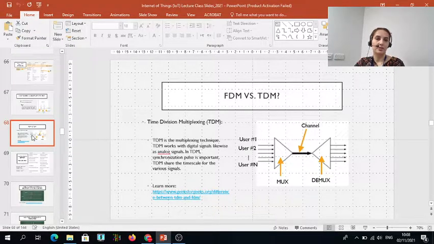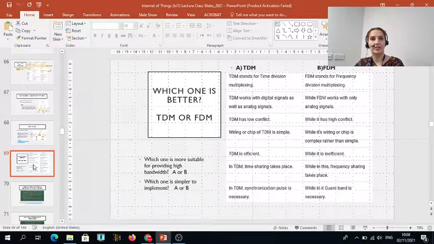Those are the things that we should be careful about when we are designing a system with TDM. And I think I compared that very well with this table with FDM. We looked at the benefits and drawbacks of each of them and what application would be suitable for each of these multiplexing schemes.